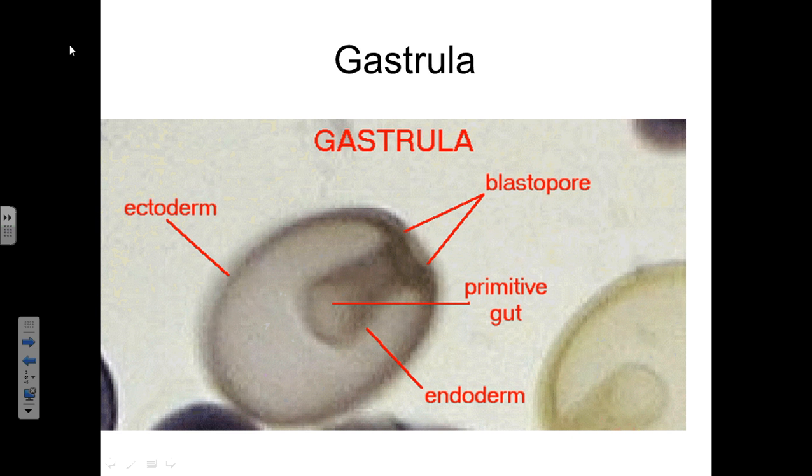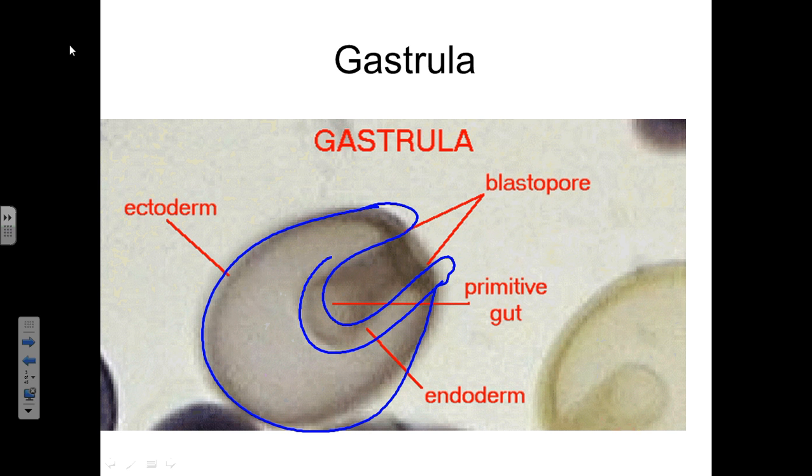Here's a gastrula. And remember, the gastrula has organized itself into three layers. You've got the layer on the outside. That's the ectoderm. There's a layer on the inside, so that'd be like right in here. That's the endoderm. And there's a layer in the middle, and that's mesoderm.